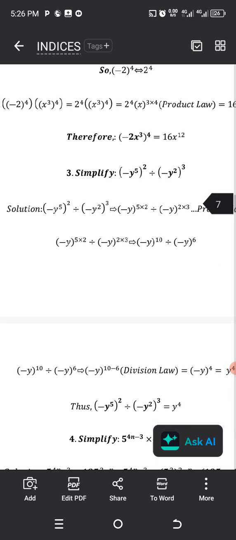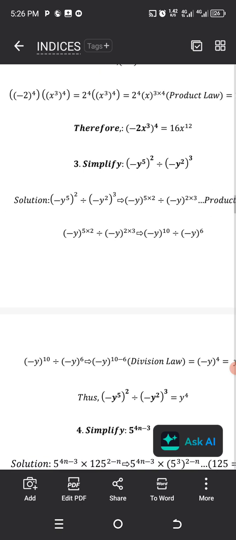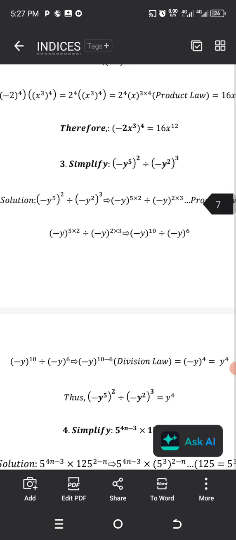Recall that they have the same negative base, but their indices are different. One is 5 and one is 2. Though it's a positive index for that 5, it is an odd number, so definitely we are going to get a negative answer.